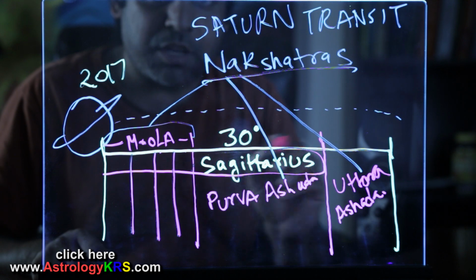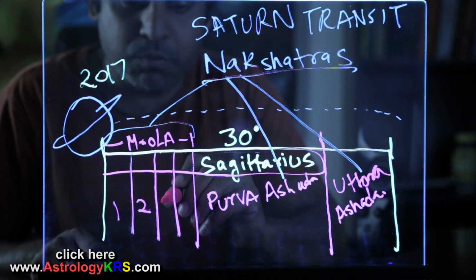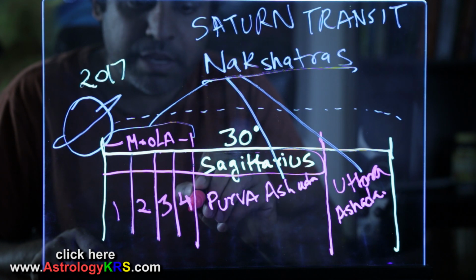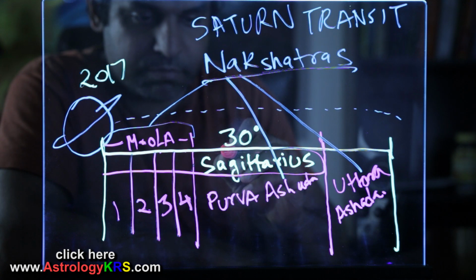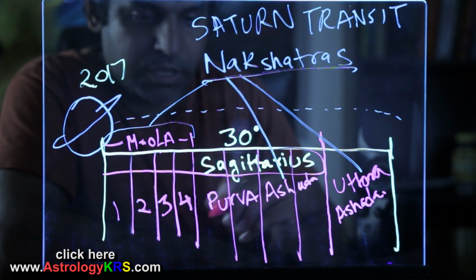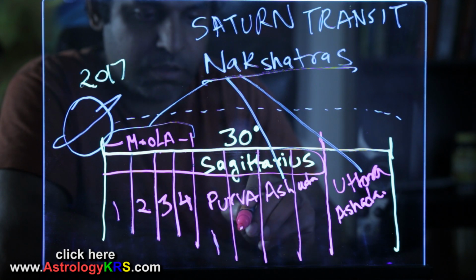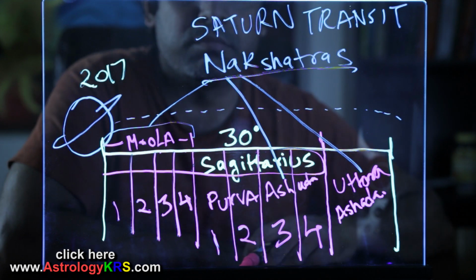Each nakshatra is divided into 4 parts known as Pada 1, Pada 2, Pada 3, and Pada 4. So even in Purva Ashada Nakshatra, you're going to have Pada 1, 2, 3, and 4.